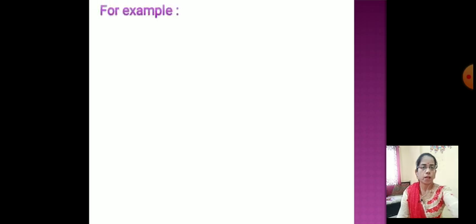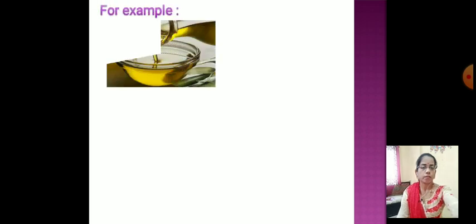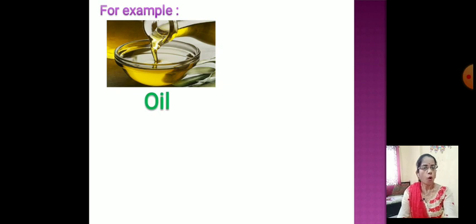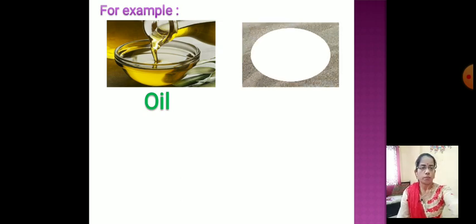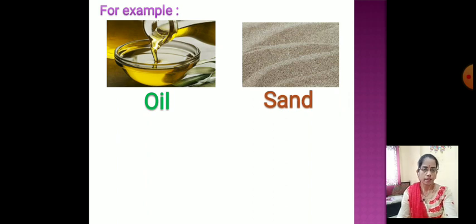See the examples. For example, oil. Can we count oil? No. So oil is included in the uncountable noun. Second one, sand. Sand also we cannot count because there are so many grains of sand. Okay.